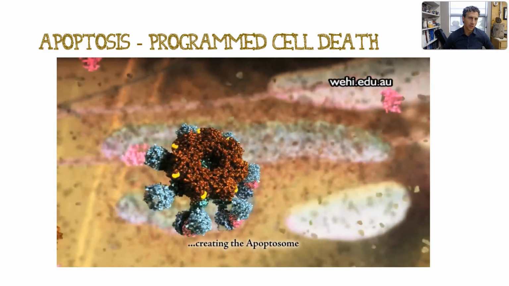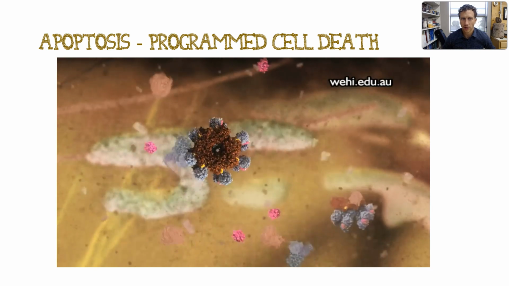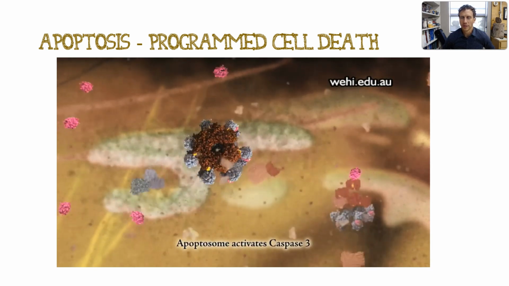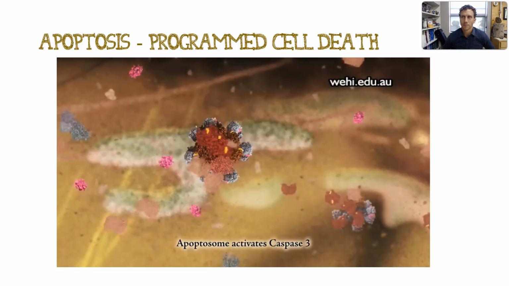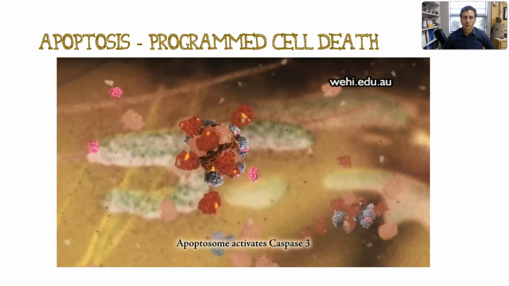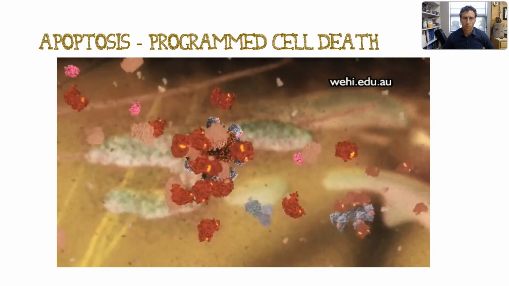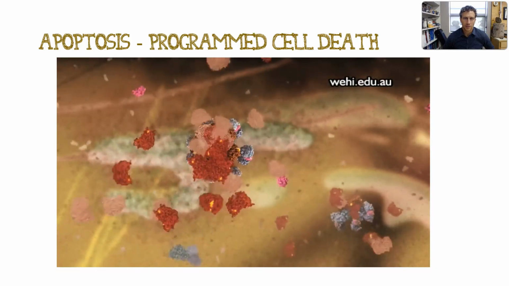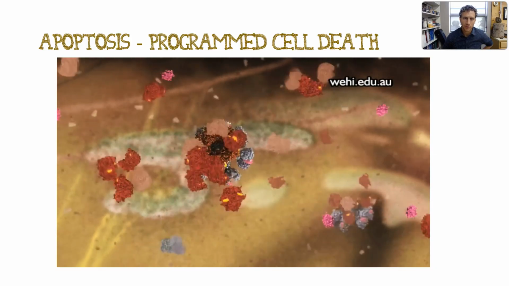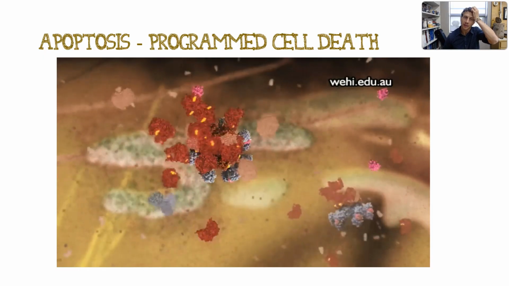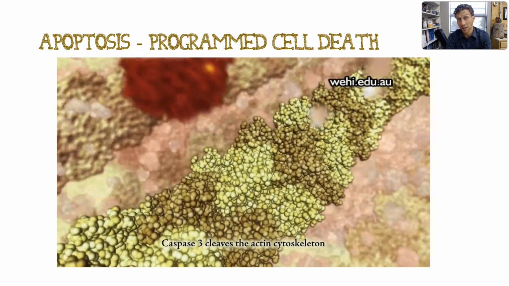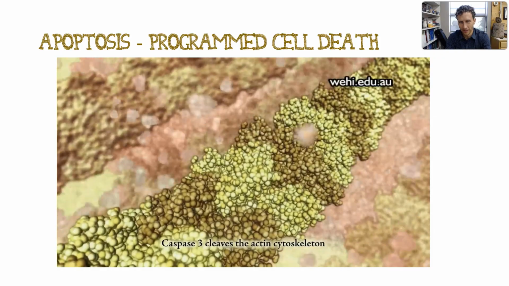And what it's going to do is it's basically going to start switching on a whole bunch of caspase 3s. It's like a big old popcorn maker, and it's turning a whole bunch of them on. And remember, caspase 3 just starts wrecking everything.